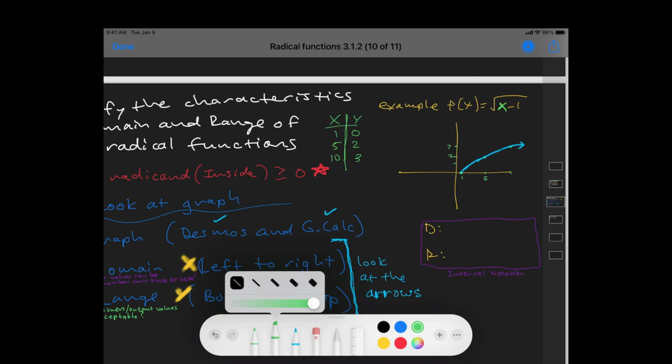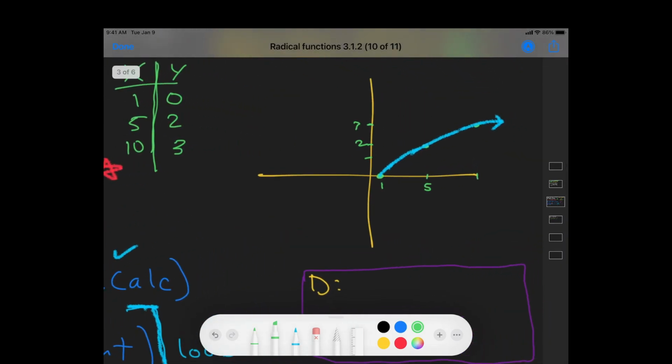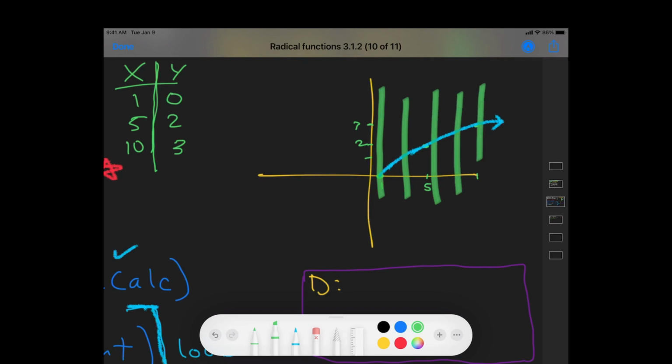All right, so how do you figure out the domain and range now with this graph here? Now, what I'm going to do is put in a bunch of vertical lines. I'm not using the vertical line test here. All I'm doing is getting some points. As you go from the left to the right, where does the graph start? Well, in this case, this graph starts at that solid point at 1 comma 0.